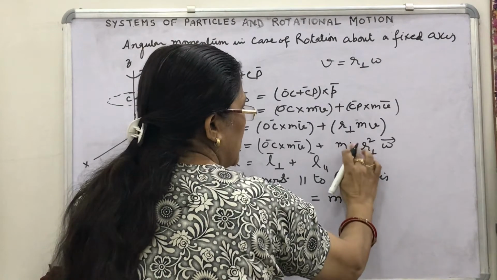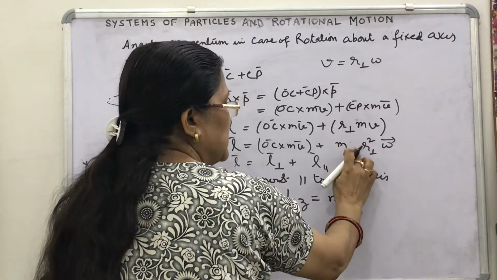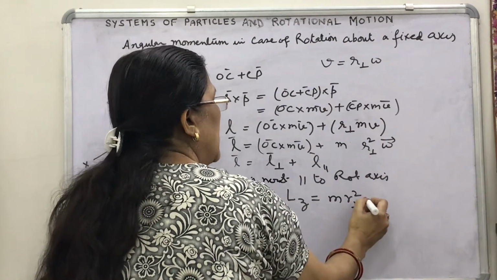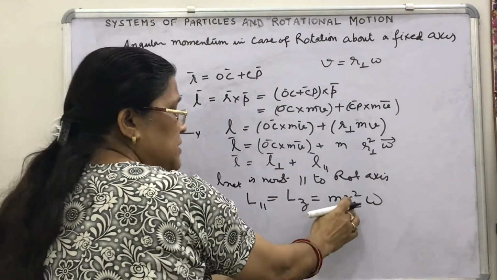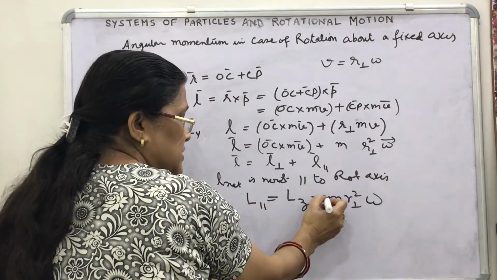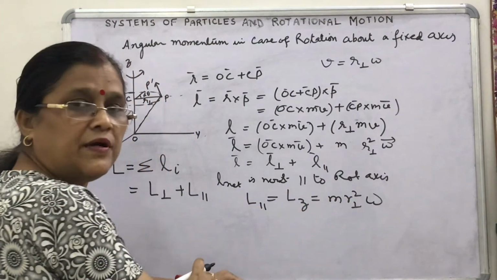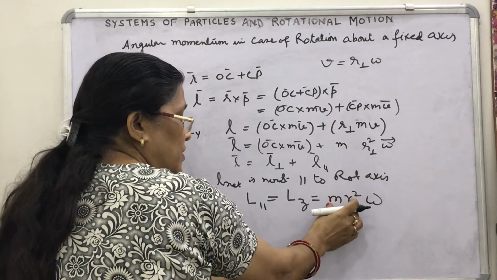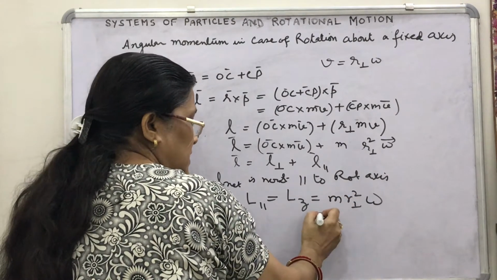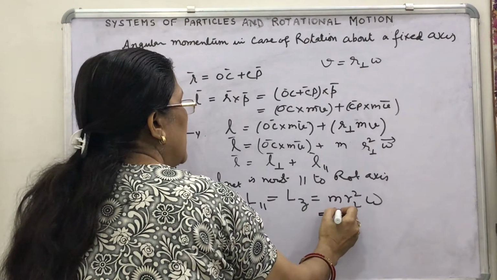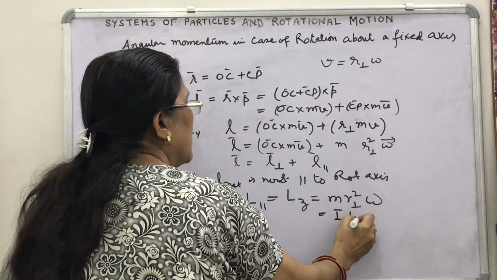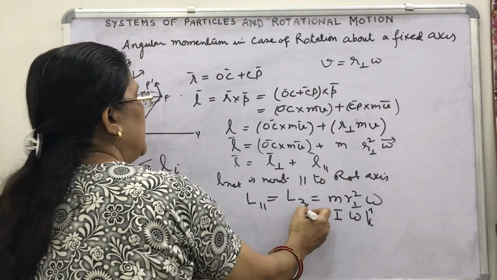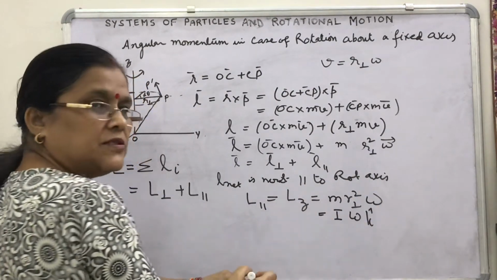This V is R perpendicular omega, so M R perpendicular omega, not V. In place of V, we have written R omega. This is the R perpendicular distance, and what is this MR perpendicular square? We have read it as moment of inertia. Then the moment of inertia of the body gives I omega, and it is along the Z axis, so k. So in vector form, this Lz can be written like this.